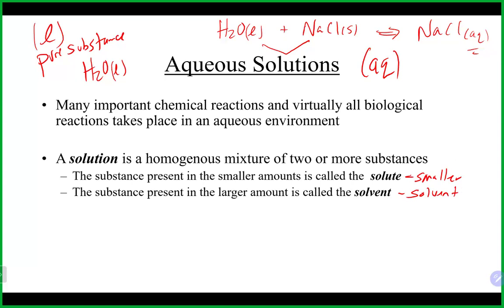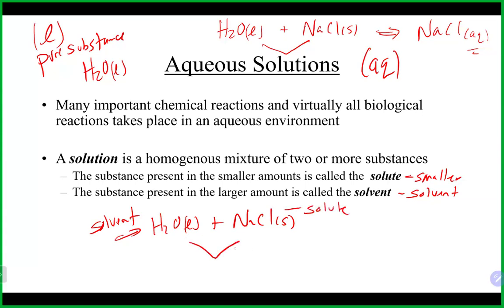So in our above example, water and our sodium chloride, water would be our solvent, and water is a really good solvent, as we'll talk about, for a lot of things, including ionic compounds. Water oftentimes is a solvent, but it is not always a solvent. In certain cases, as we'll talk about, it could be a really bad solvent, but in a lot of cases it's really good. That would make the sodium chloride our solute.